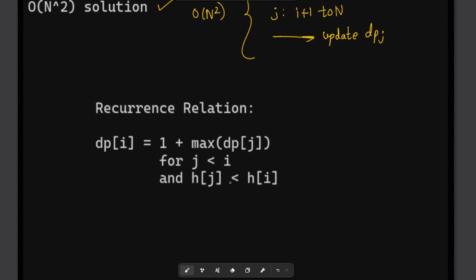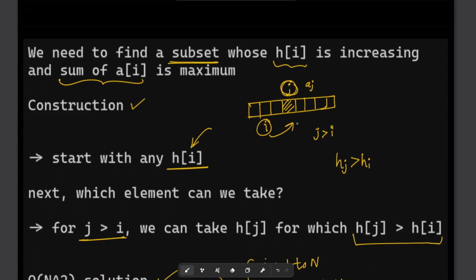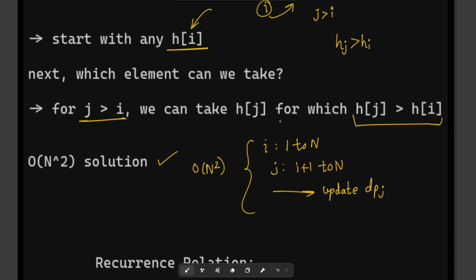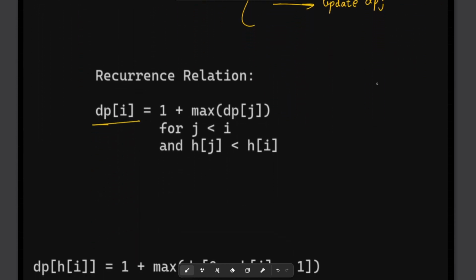The recurrence relation that we obtain from this observation: in this approach I assumed that we go from i to j, but in the iterative dynamic programming recurrence relation, to arrive at an index j, or include the element at index j in our subset, we go over all the indexes which could be possible for the previously chosen element of this subset.